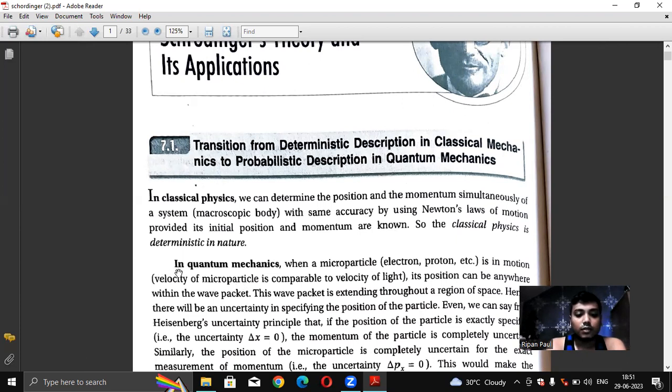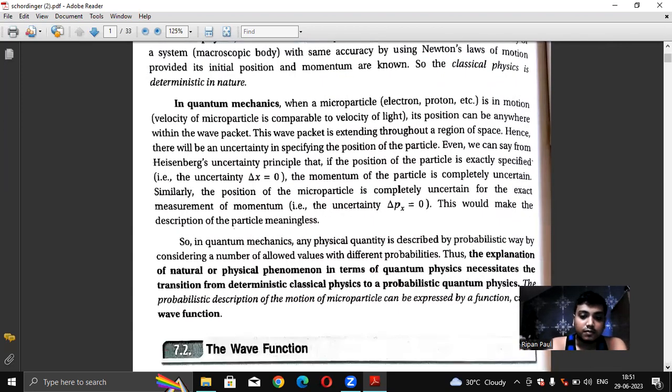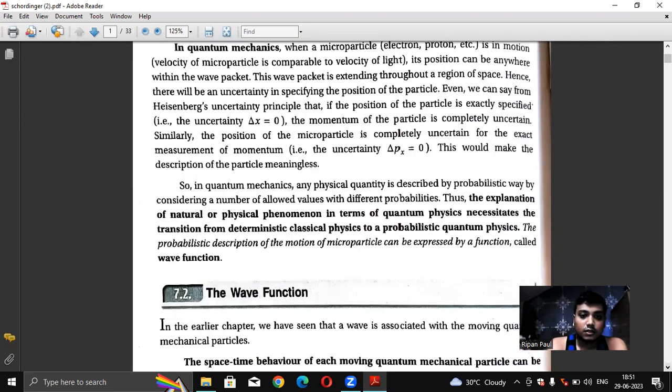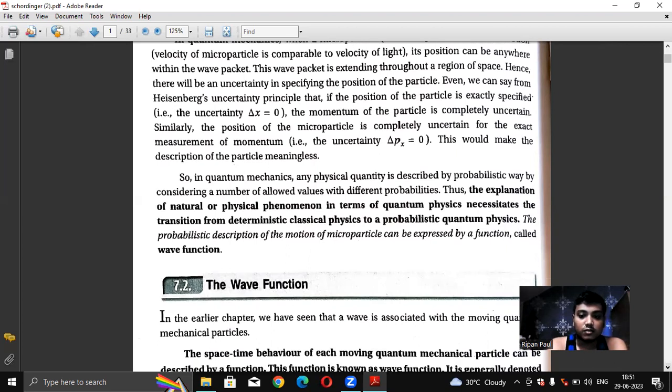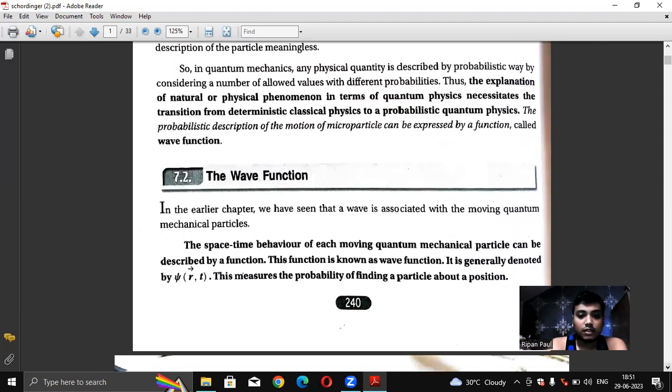So here you see in quantum mechanics, when a microparticle is in motion, this is history. Now I am coming to the interesting part. The first interesting part is the wave function. The wave function is basically the space-time behavior of a moving particle, which can be described by a function, the function psi(r, t).